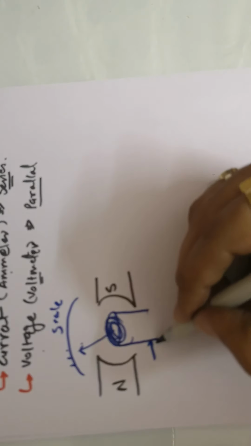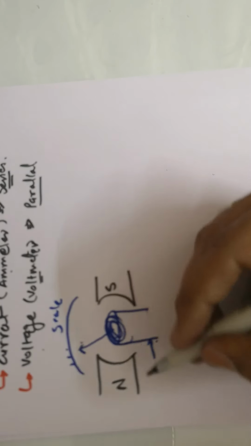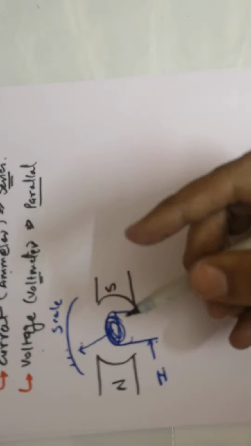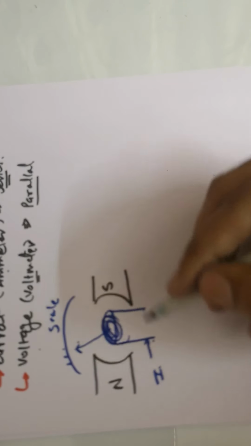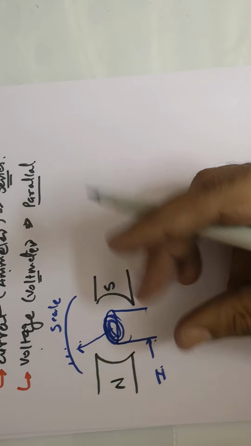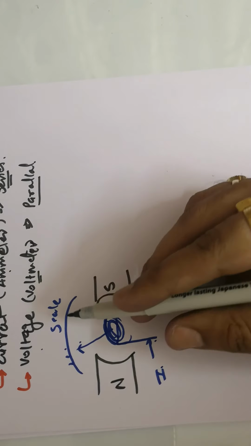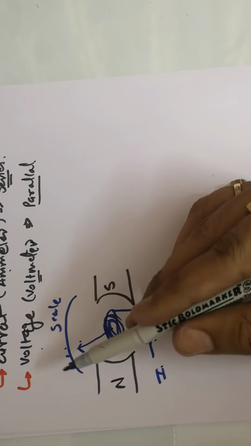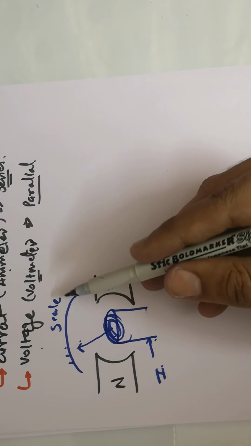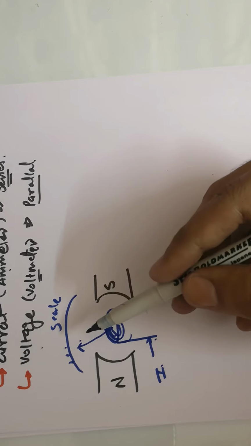This coil is connected to a wire carrying current. Whenever current passes through it, the coil contracts and expands, which changes the needle position, and we can calibrate the amount of current or voltage passing through it.